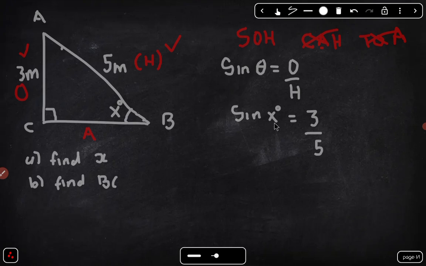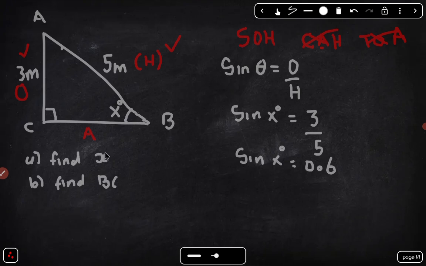So sin x is equal to 3 divided by 5. What is 3 divided by 5? That is 0.6.